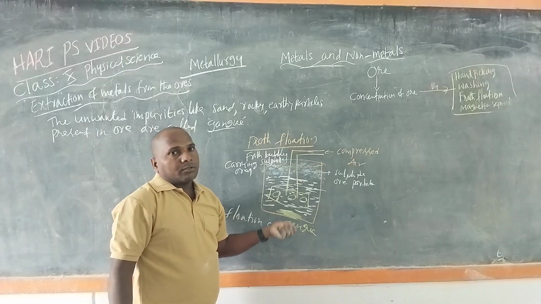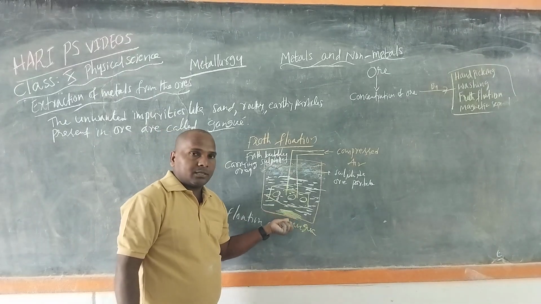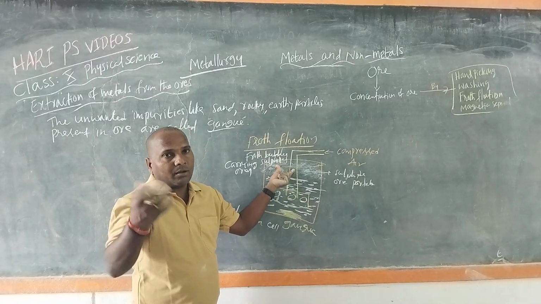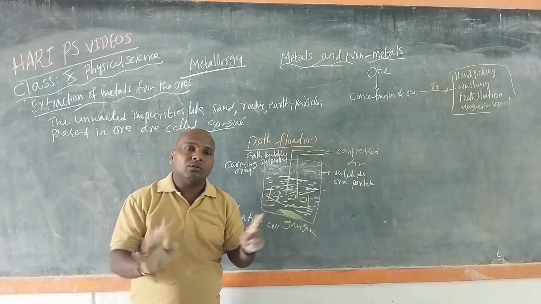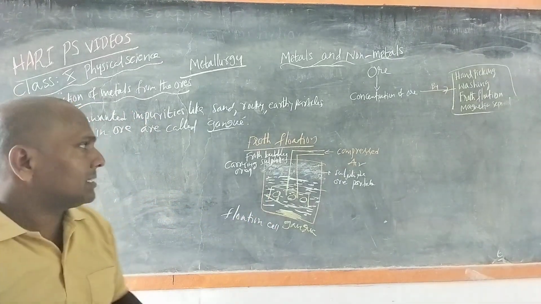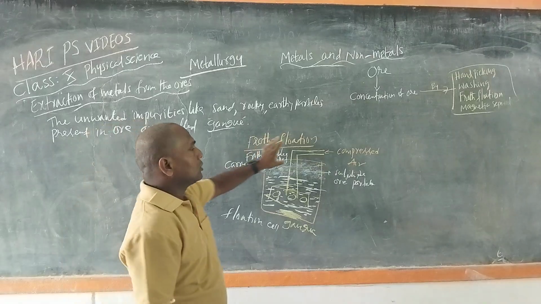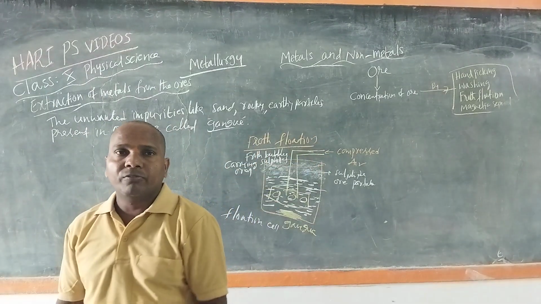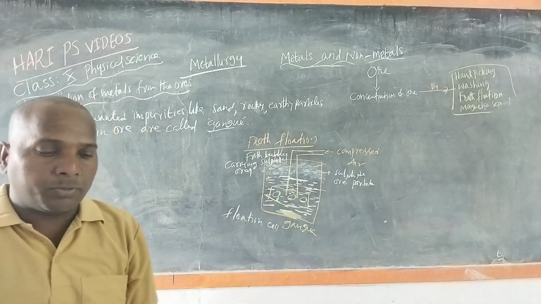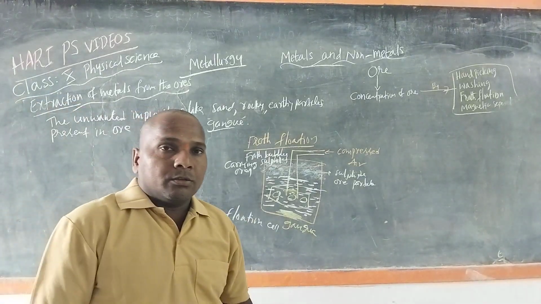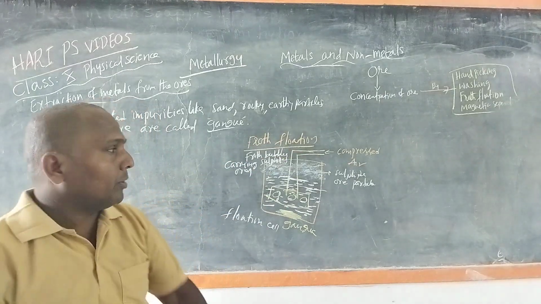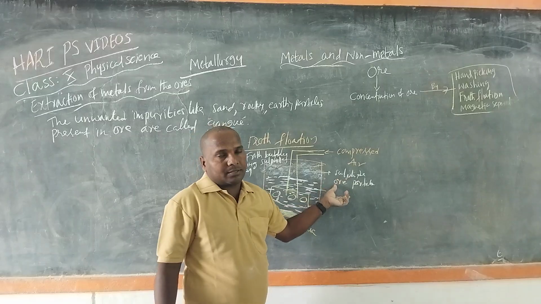Then a froth is formed, bubbles are formed. These bubbles contain the sulfide ores. This process is called froth flotation. By using this froth flotation we separate the impurities and we get the sulfide ore particles.